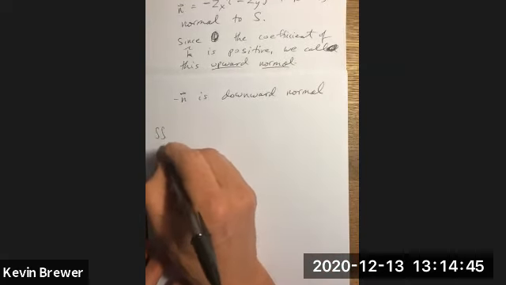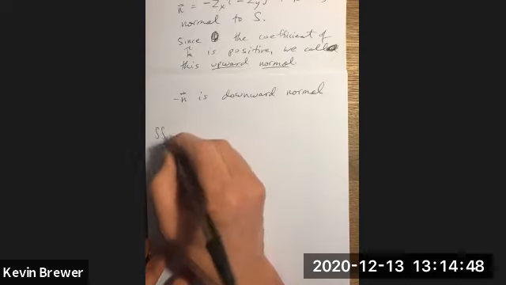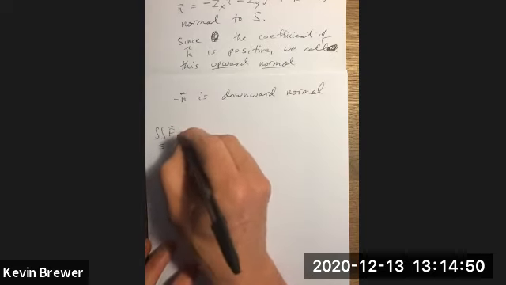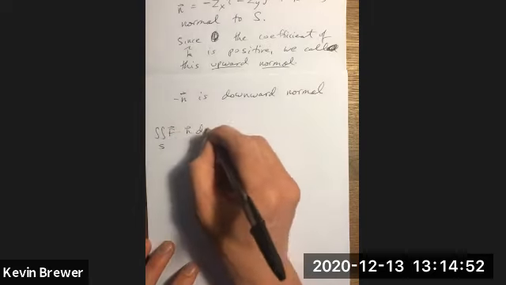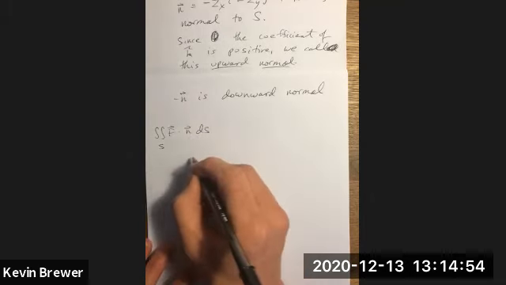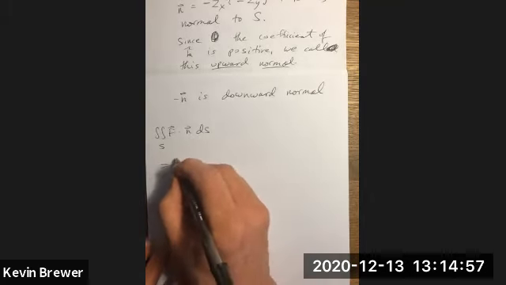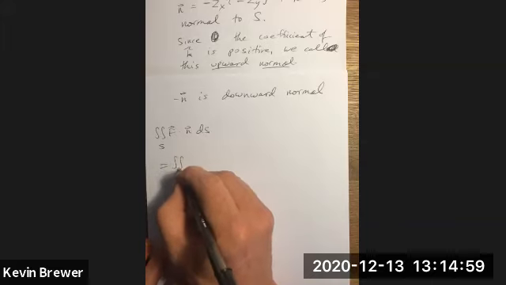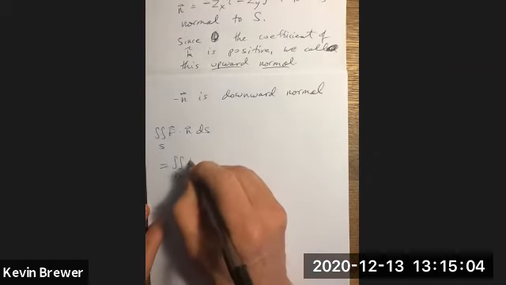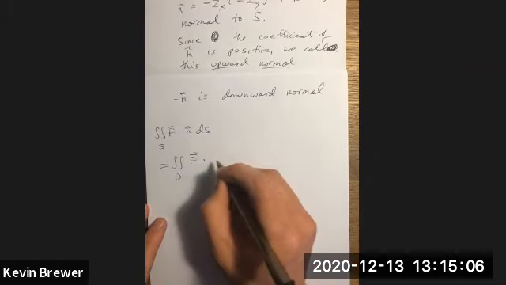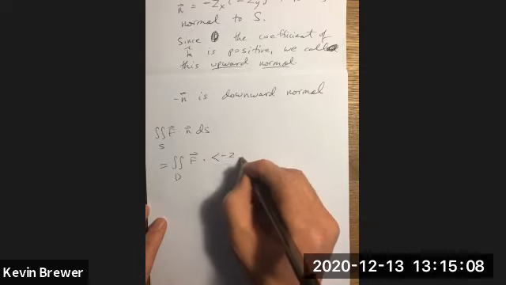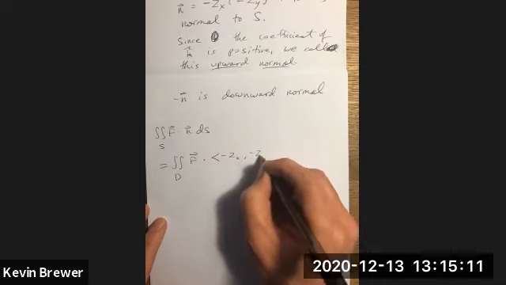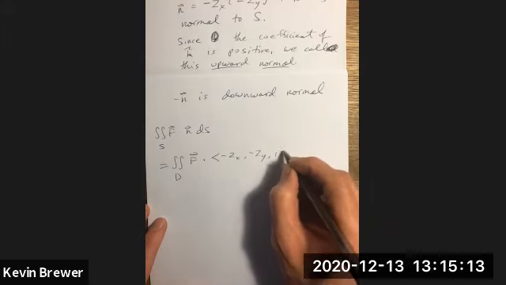And so then the double integral of F dot N dS becomes, in this case, the double integral over D of F dot minus Z sub X, minus Z sub Y, 1 dA.